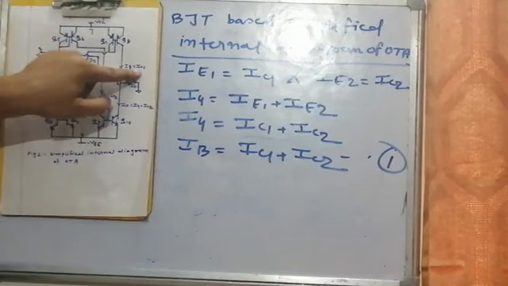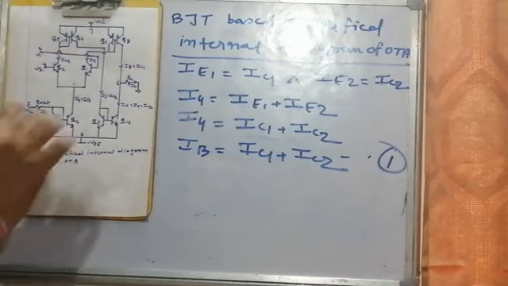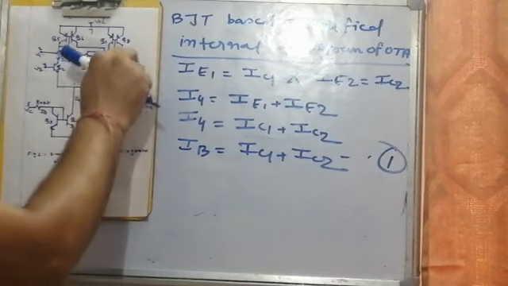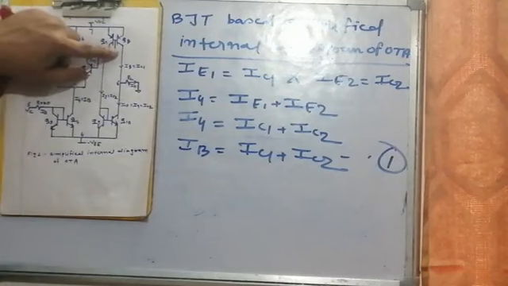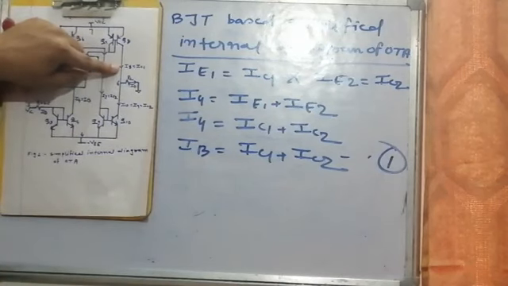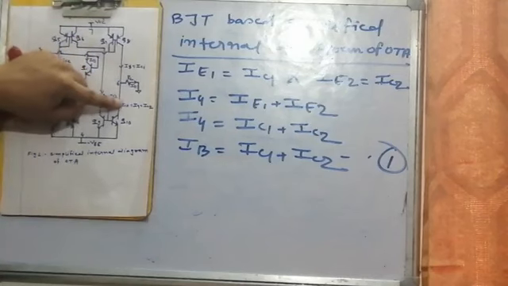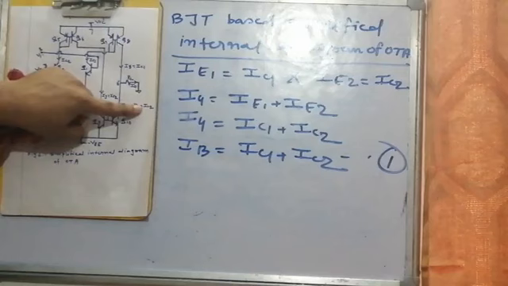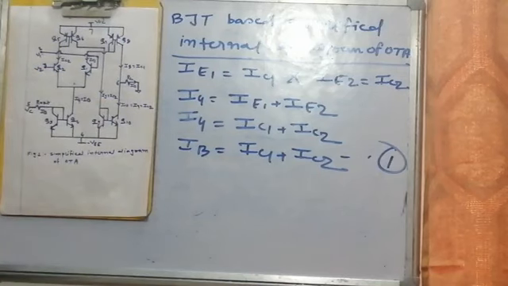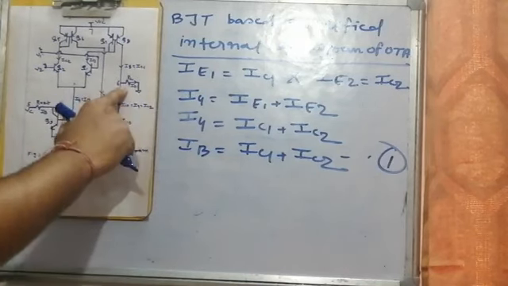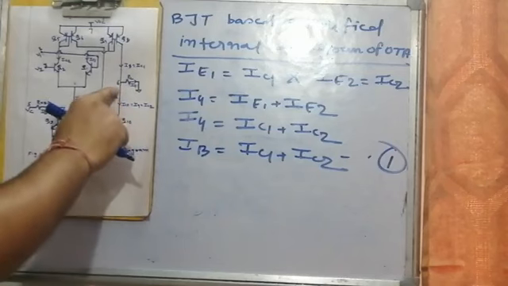So I8 equal to IC1. So basically, the incoming current at this node is IC1, and the outgoing current at this node is I0 plus IC2. So from this concept we can apply KCL at node 6.